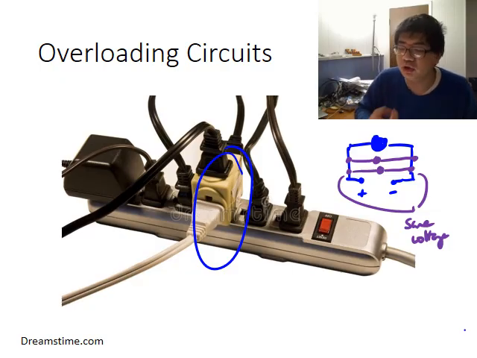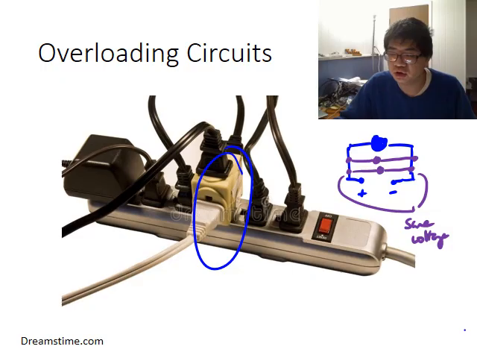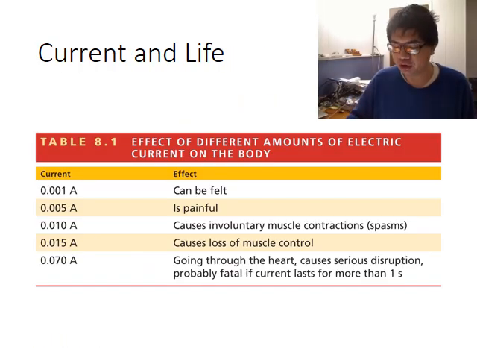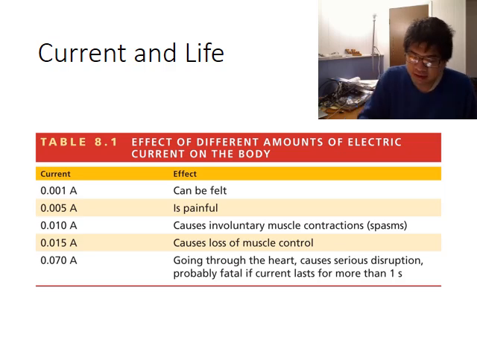So it is important when you use those surge protectors and extension cords that you do not plug too many things into them and don't overload particular circuits. As I've alluded to before, the big danger to life is actually not the voltage per se. The biggest danger is actually current.